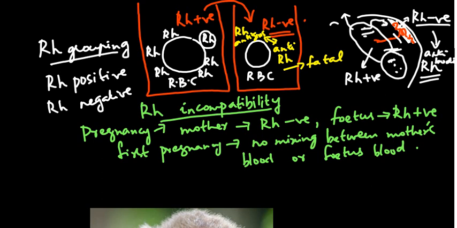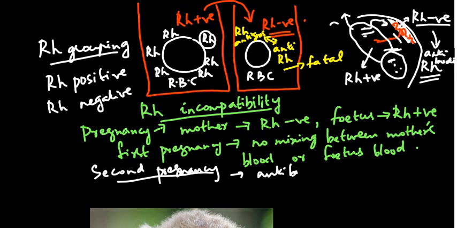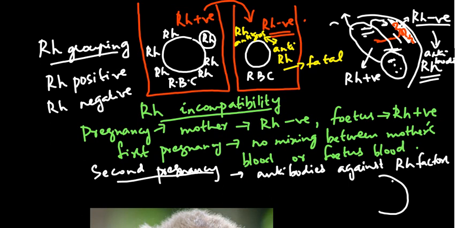But during the second pregnancy, now that the mother's blood is already prepared with antibodies against RH factors, these antibodies in the second or subsequent pregnancies can cross the placenta and affect the babies.